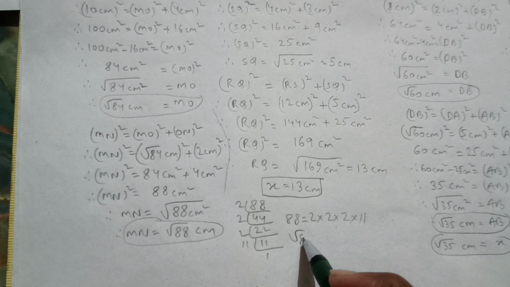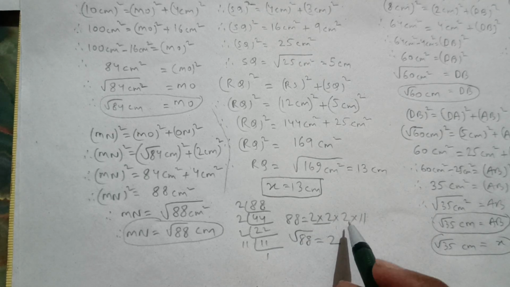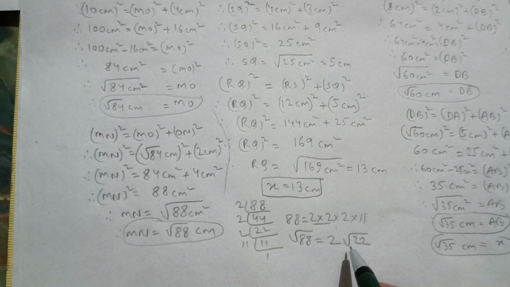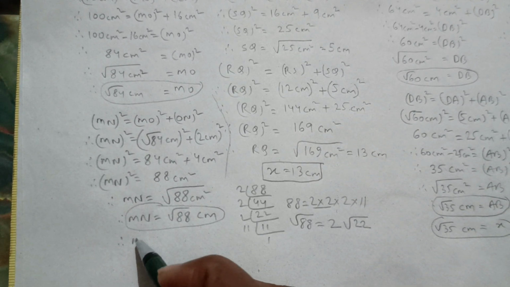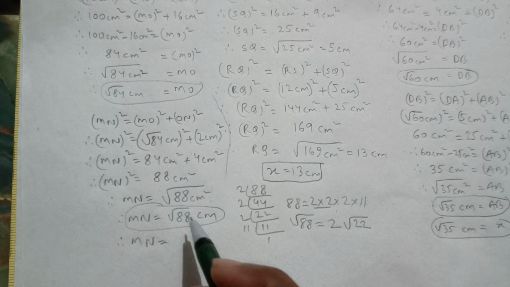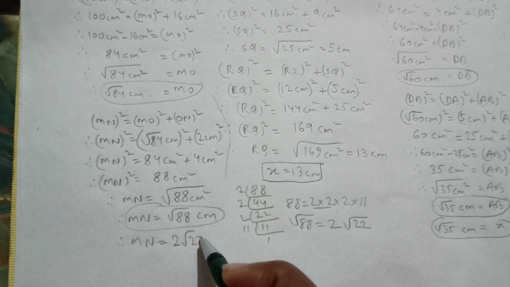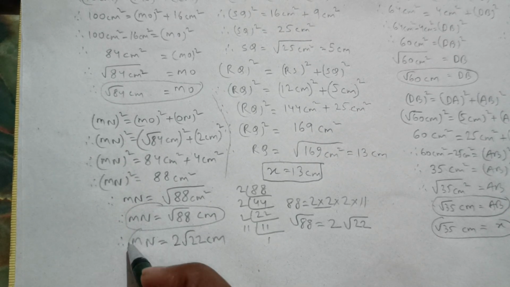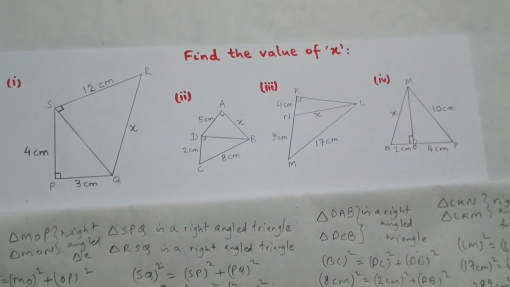So square root of 88 will be 2 and then square root of 2 into 11, which is 22. So 2 square root of 22. Instead of square root of 88, you can say 2 square root of 22 centimeter. So MN is 2 square root of 22 centimeter.